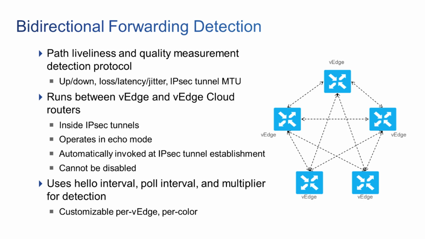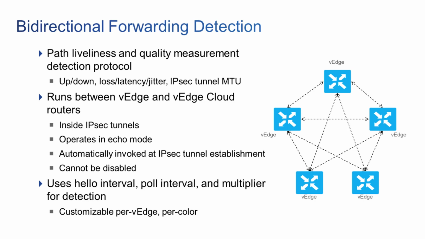When we get into our feature templates, we're going to take a look at the BFD feature template, and we're going to talk about what each of these settings are in one of our future lessons. So BFD actually runs directly inside of the IPSec tunnel between the vEdge routers, and it operates, like I said, in echo mode, which is kind of that asynchronous mode that I was referring to.